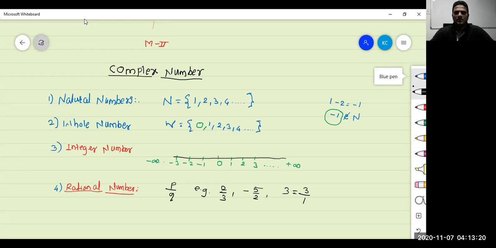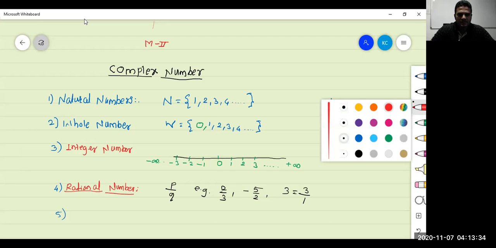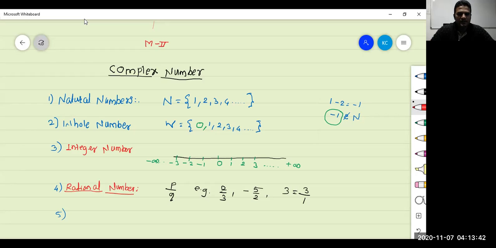Then they introduced a new form of numbers again, which is not included in the rational numbers. That is the real numbers.